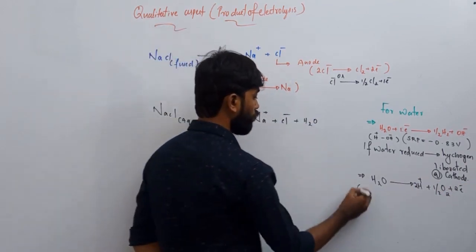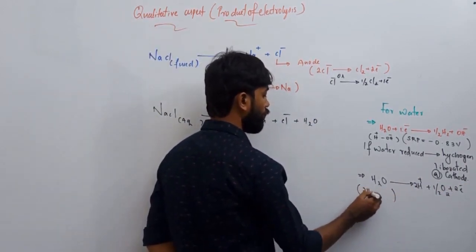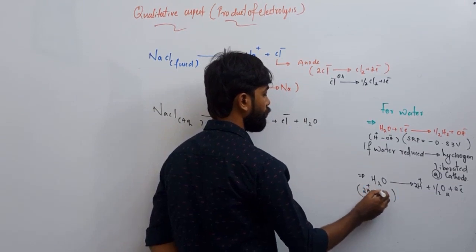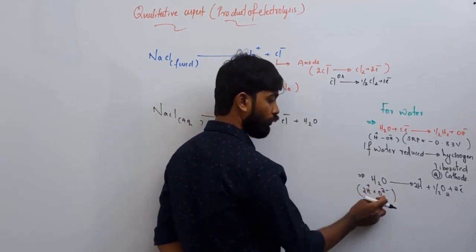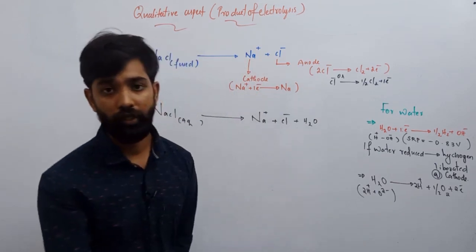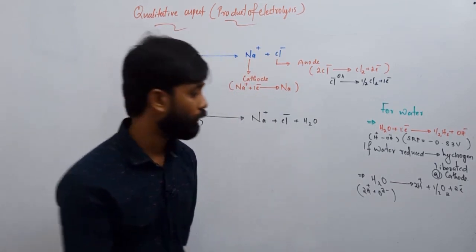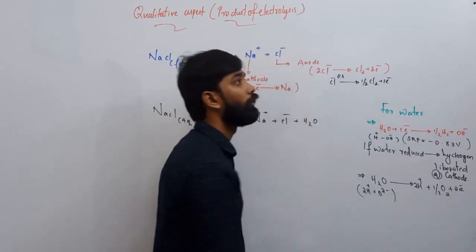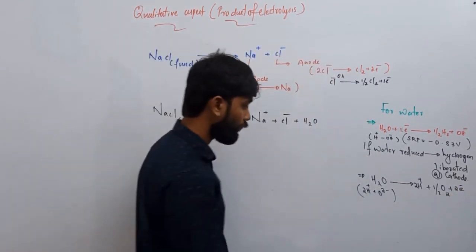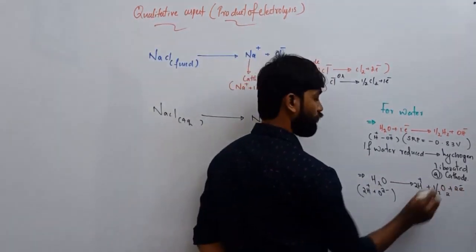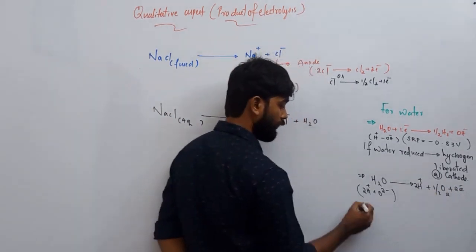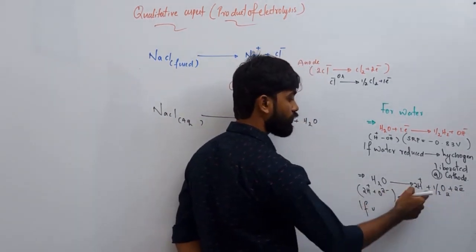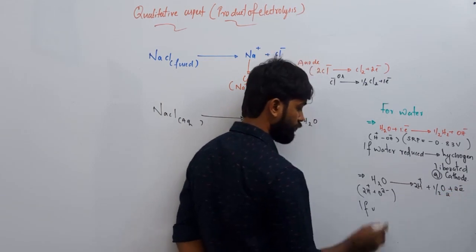We know that water can be written in this form, 2H+ plus O2-. So oxygen has excess electrons, so it can donate or liberate that electron, and that electron will be liberated to the anode. And it becomes what? Oxygen.